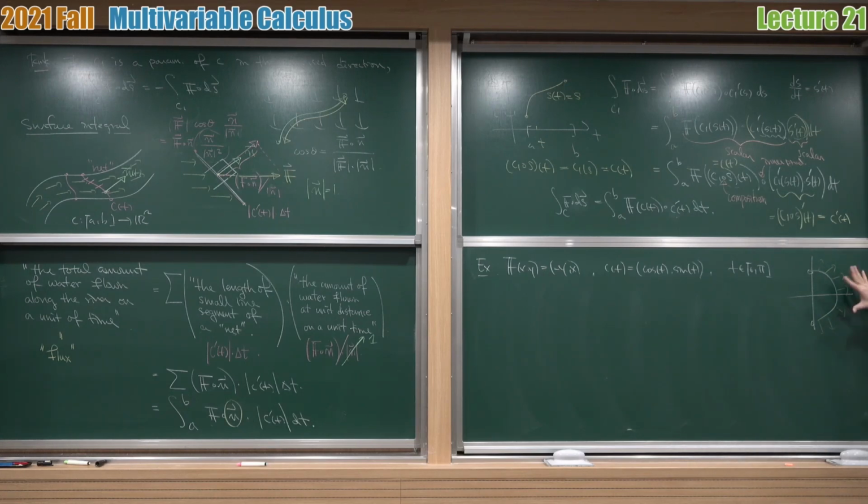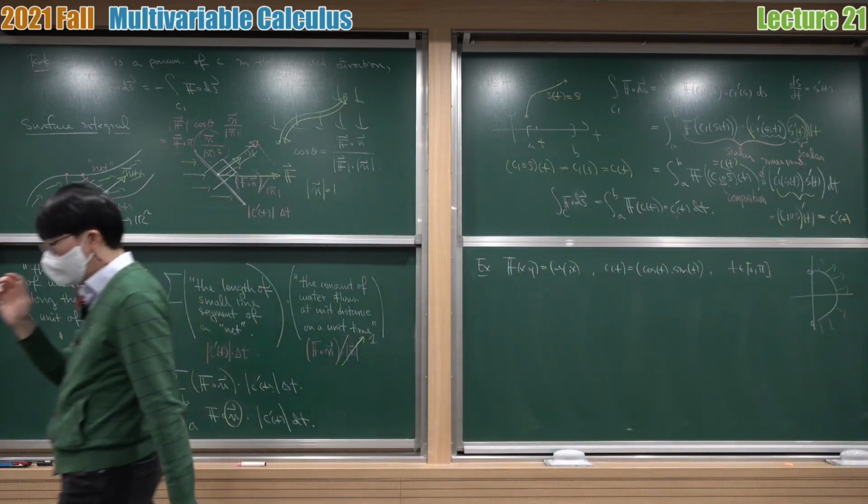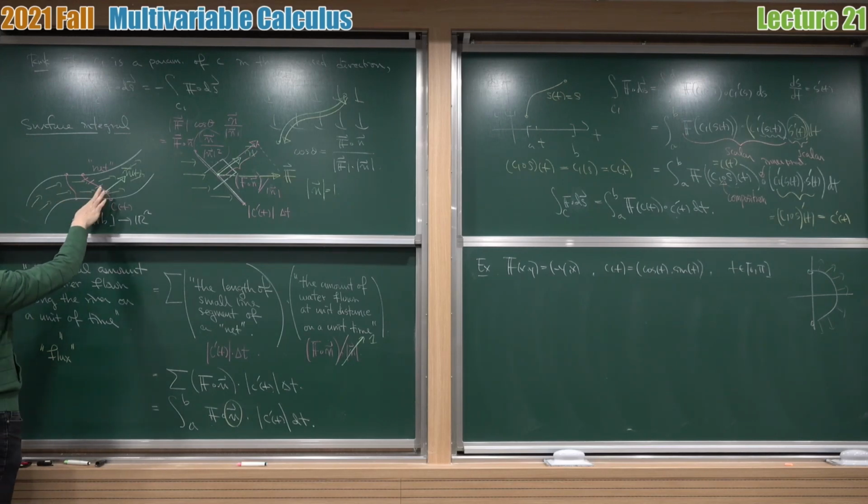So there's one very important concept that I should mention before we talk about that. When I draw this picture, I kind of assume that I want to measure the amount of water, or flux, in this direction.